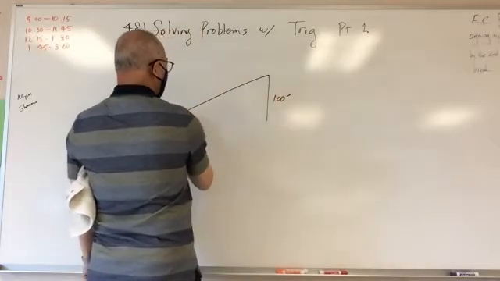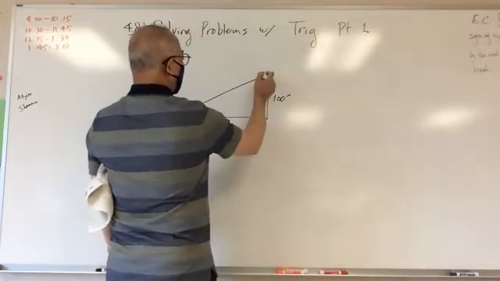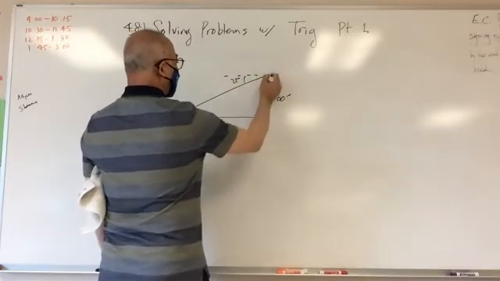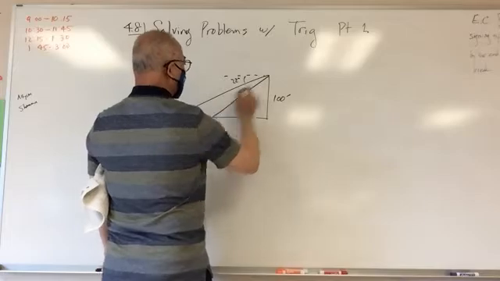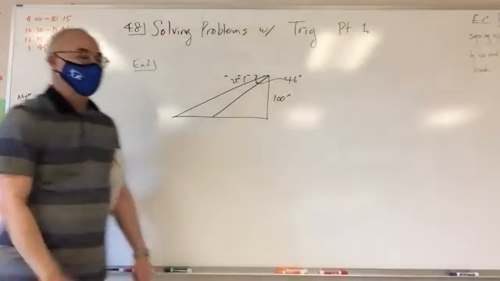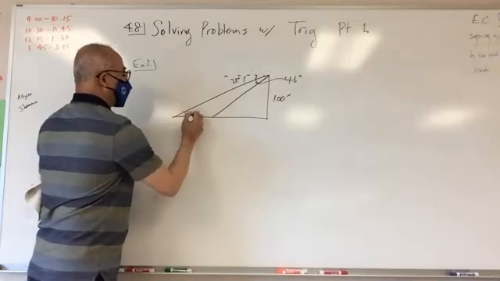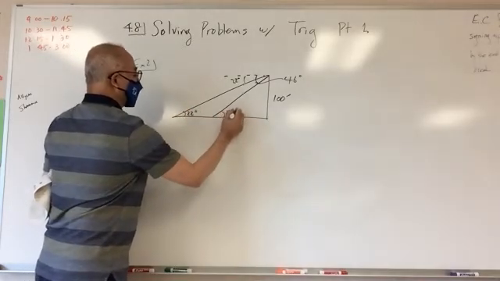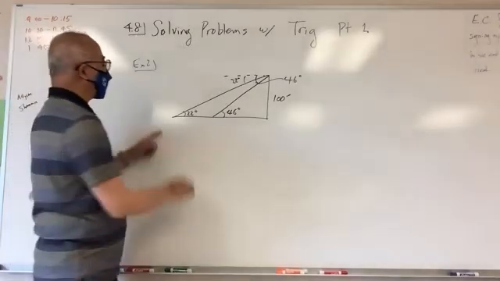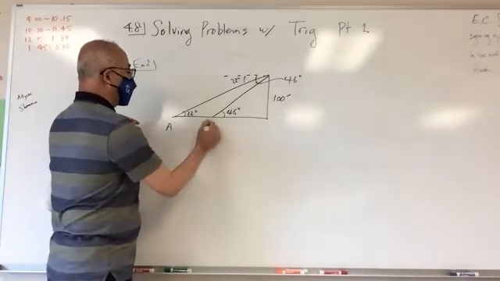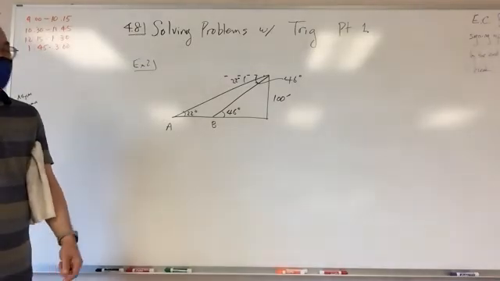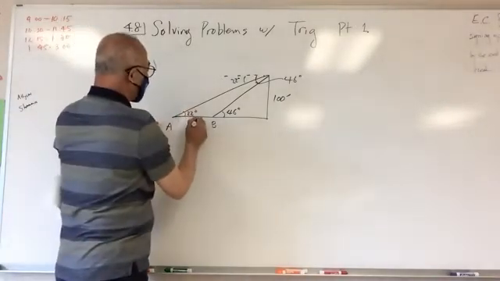When I first saw the car, my angle of depression was 22 degrees, and the second time it was 46 degrees, which means this angle here is 22 degrees and this one is 46 degrees. The question is, how far did it travel? It traveled from point A to point B, so I'm trying to find this distance, x.